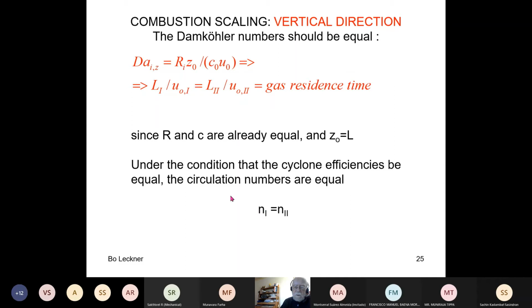So one has to also consider the cyclone efficiencies and compare the cyclones to make the number of turns similar in the two reactors, because that is what gives the particle residence time. This is gas residence time, and this is what gives the particle residence time. So this is also very important.